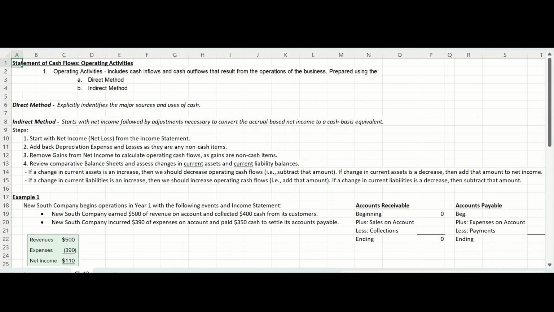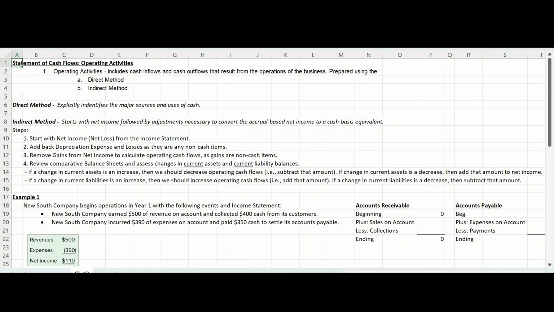Now, GAAP will allow this section to be prepared one of two ways. The direct method, as we've seen in previous chapters, is going to explicitly identify the major sources and uses of cash.